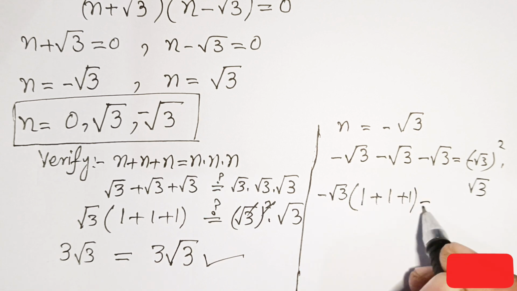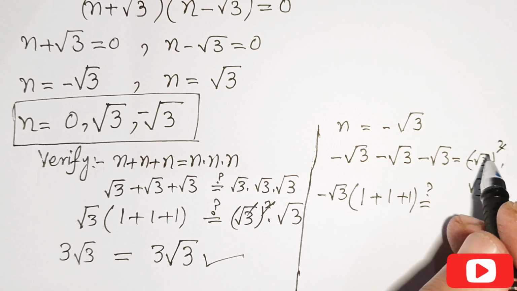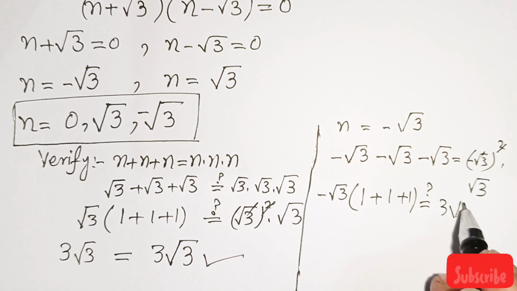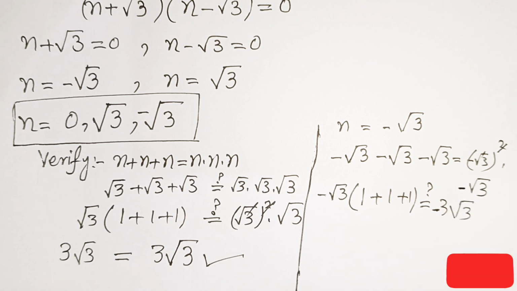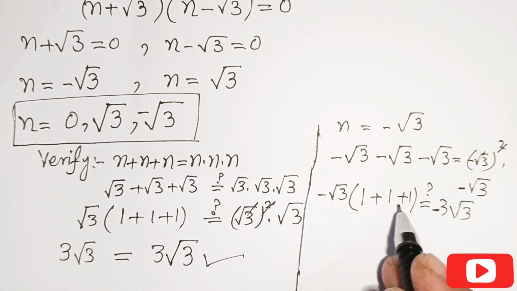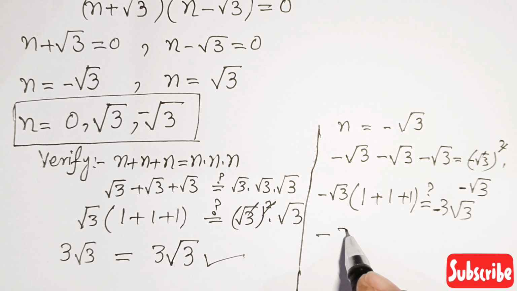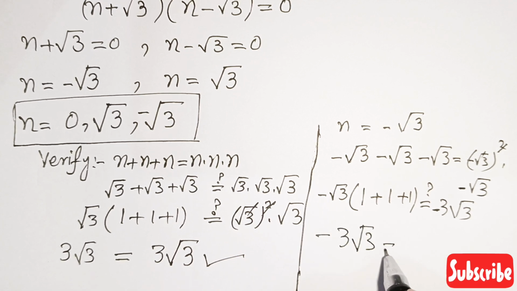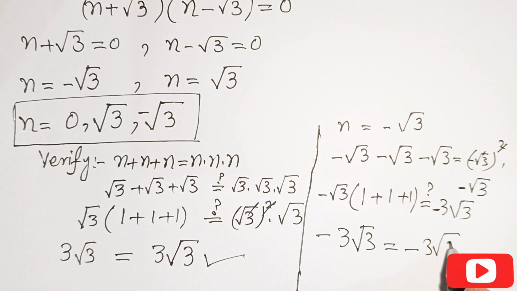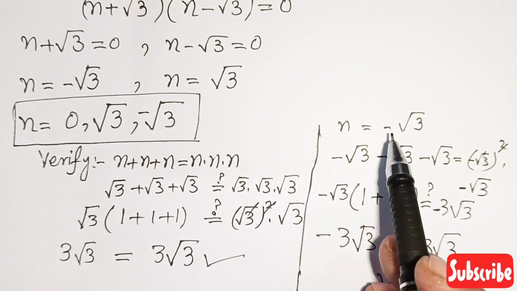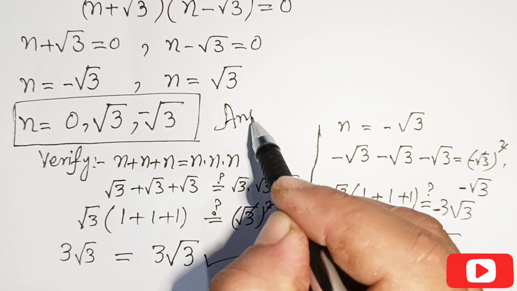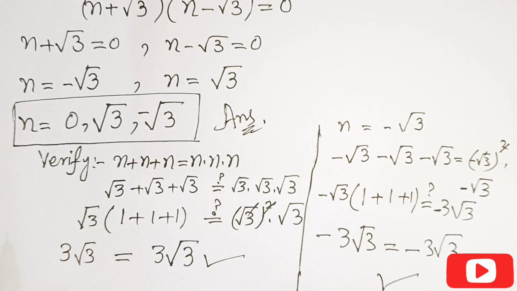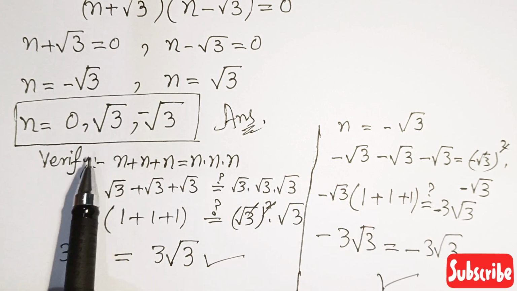On the right side this can be cancelled out, and we get 3 times square root of 3 with a negative sign. 1 plus 1 plus 1 is 3, so we have minus 3 times square root of 3 is equal to minus 3 times square root of 3. Hence we prove that minus square root of 3 is also valid for this problem. So our final answer is three values of n: 0, square root of 3, and minus square root of 3.